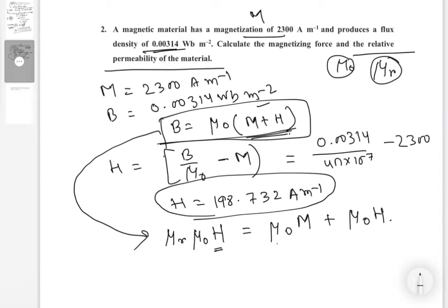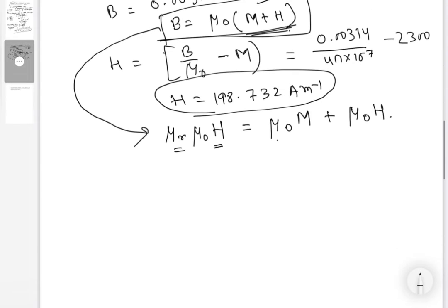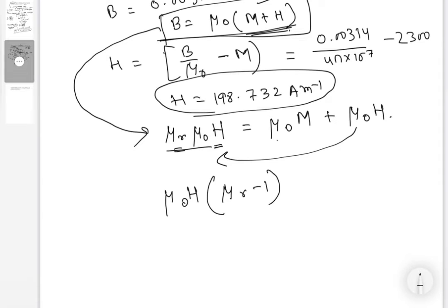And if I want to have mu r, what we will do, I will take this side. So mu naught into H will be common, and that would be mu r minus 1.